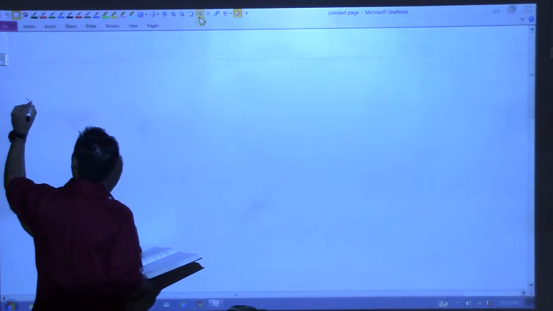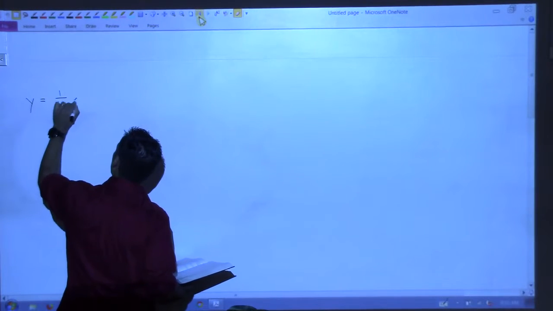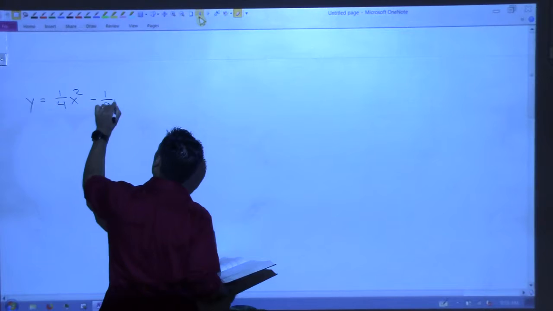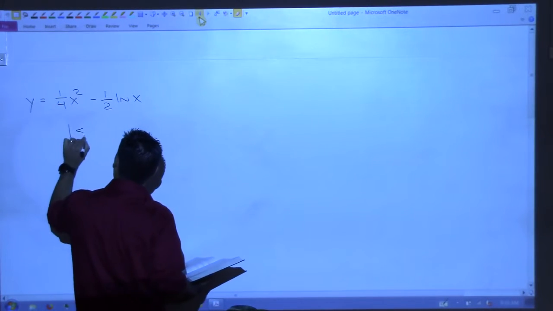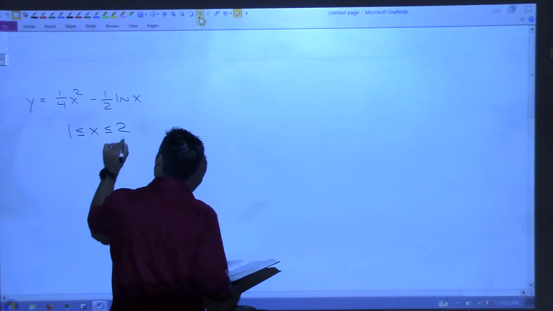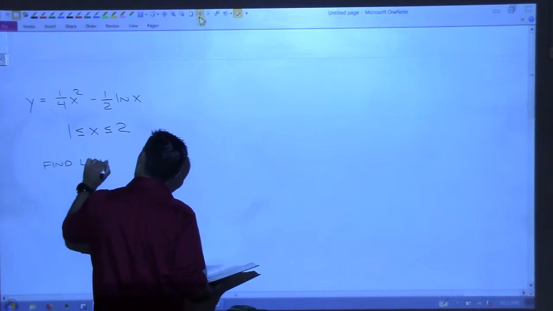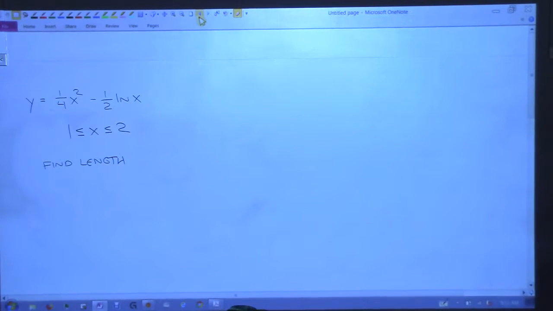Let's look at y equals 1/4 x squared minus 1/2 natural log x, and x is between 1 and 2. So we want to find the length of this. All right, we want to find the length of that.